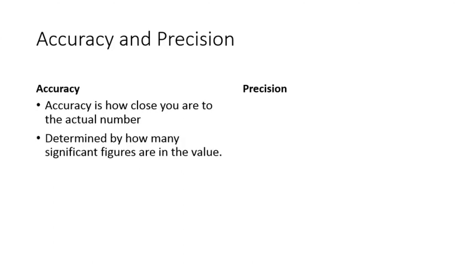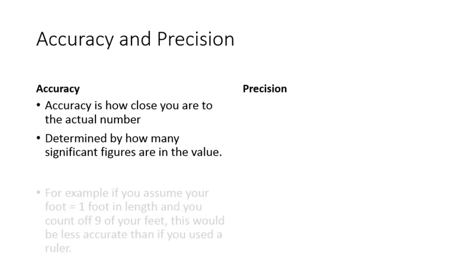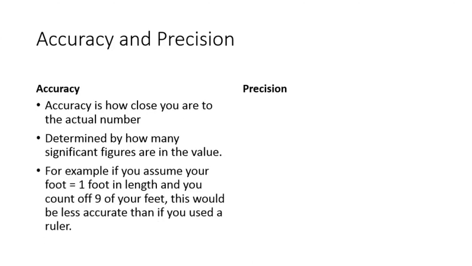So it's determined by how many significant figures are in the value. Let's say you're estimating that your foot actually equals 1 foot in length, and if you count off 9 of your feet, you would have 9 feet, right?